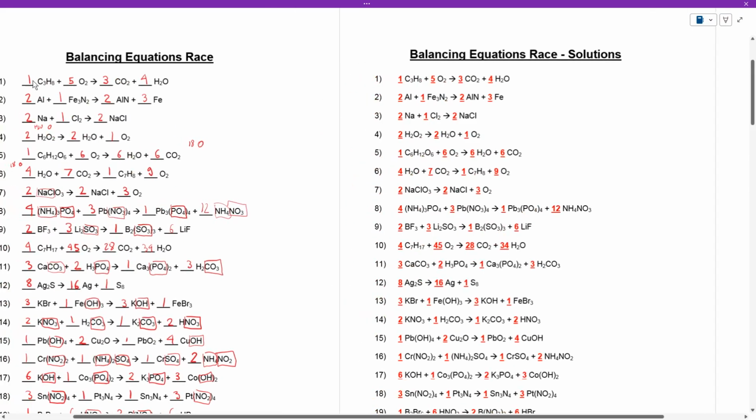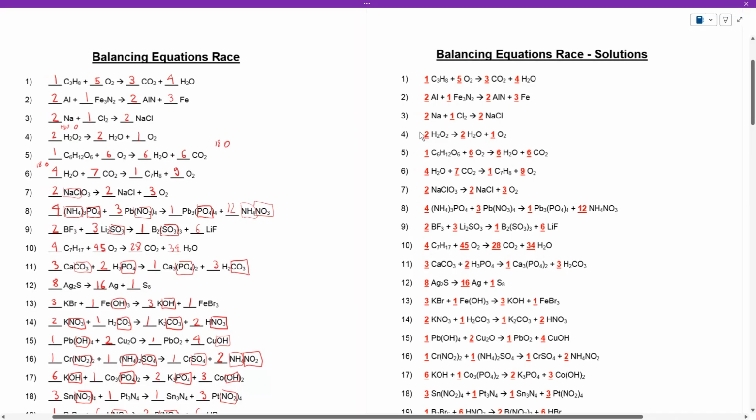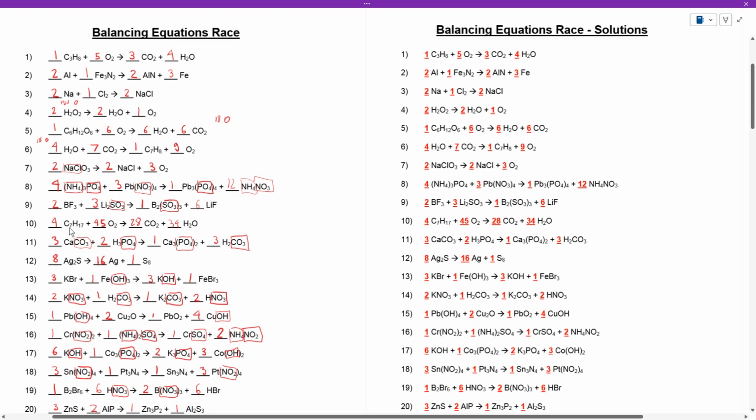So over here we have 1, 5, 3, and 4, and 1, 5, 3, and 4 over here as well. 2, 1, 2, and 3, and the same over here. 2, 1, and 2. 2, 2, and 1. 1, 6, 6, and 6. 4, 7, 1, and 9. 2, 2, 3. 4, 3, 1, 12. 2, 3, 1, 6. 4, 45, 28, 34.